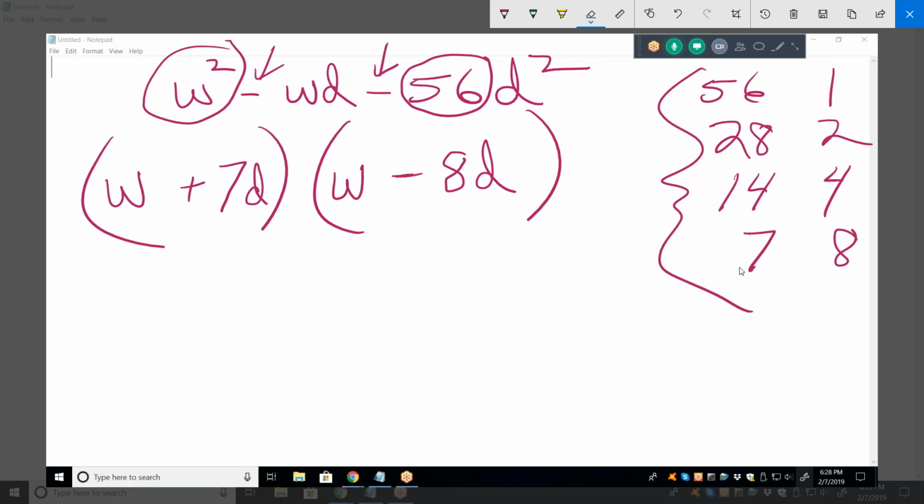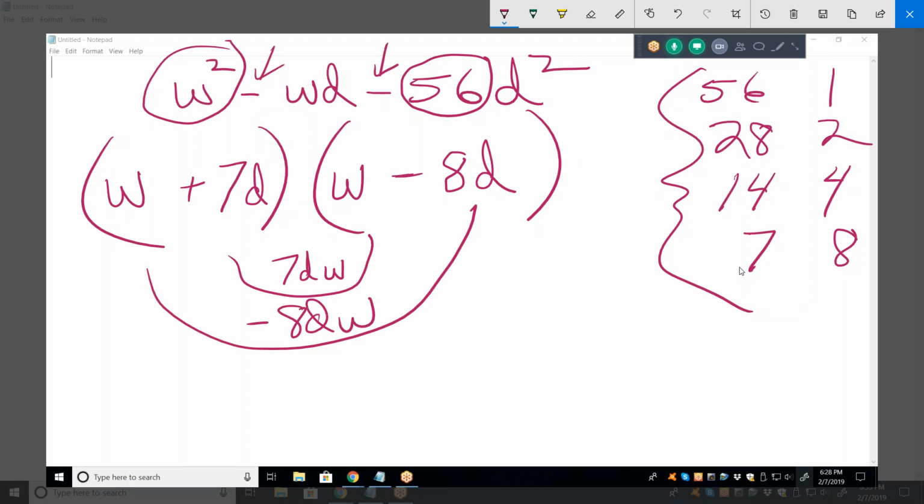On the outside, we get minus 8 dw. So here, let's do the inside. That's 7 dw. The outside is minus 8 dw. Add those two together, you get minus 1 dw or wd, however you want to write it. So this set of factors that I've come up with produces that term, it produces that term, and what's it produce on the end? Minus 56d squared.